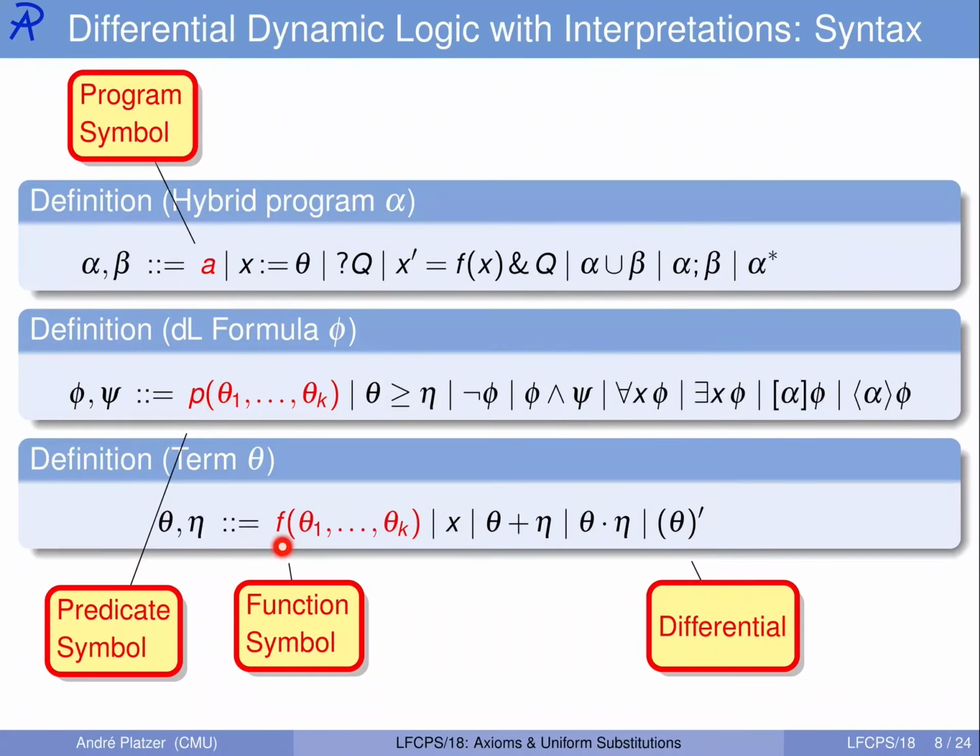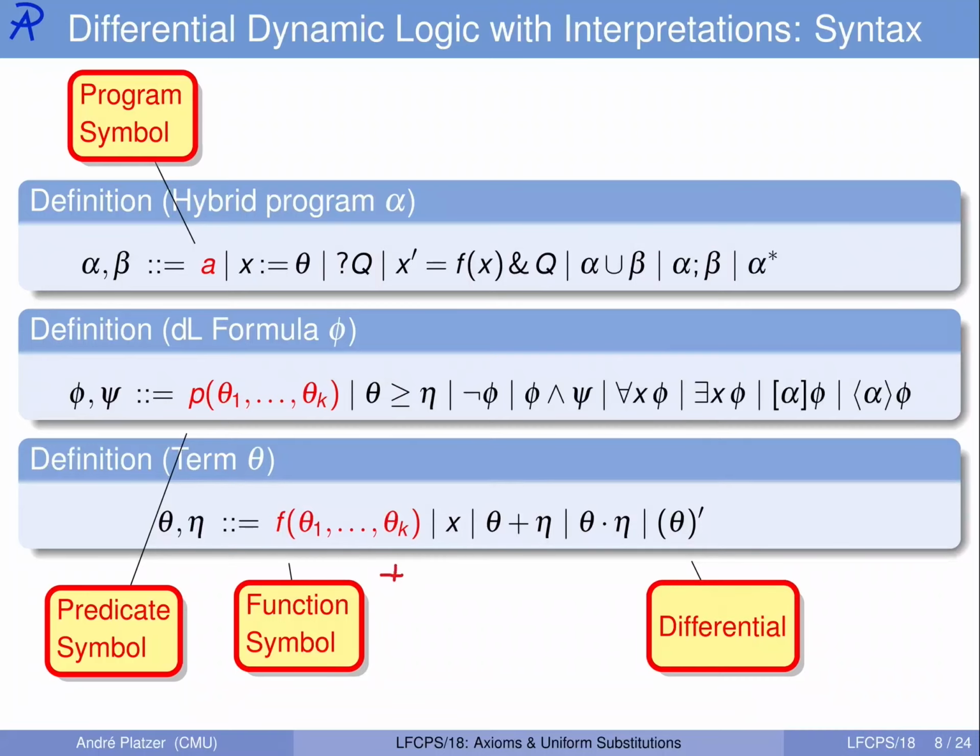And likewise, for terms, do we throw in extra function symbols, where the now real value, rather than yes-no value, truth value of predicate symbol P, here depends on the values of the arguments, theta 1 through theta k. In fact, plus is sort of like that, right?